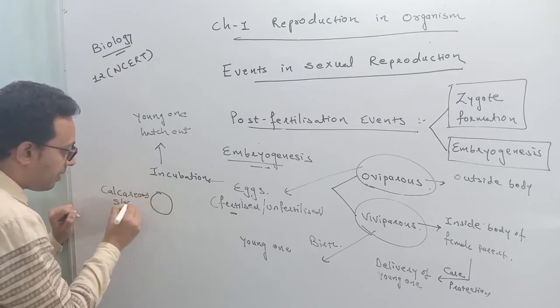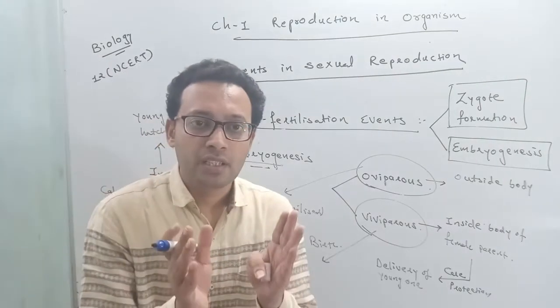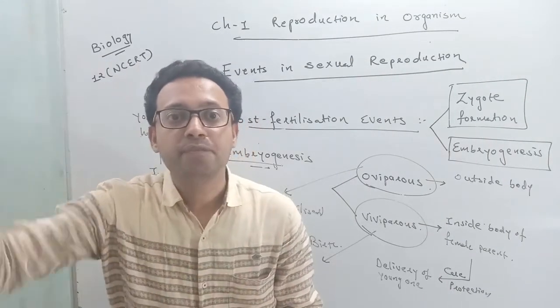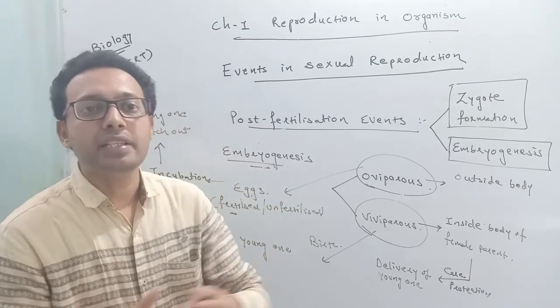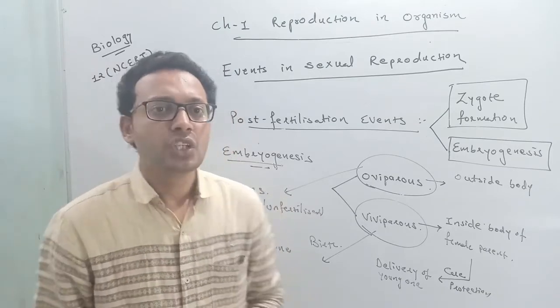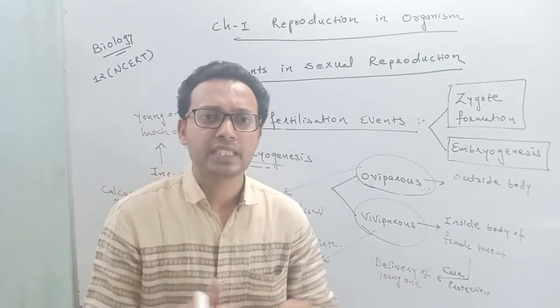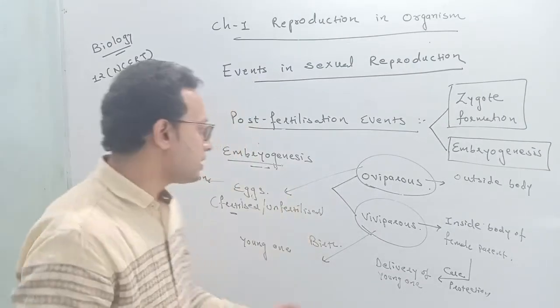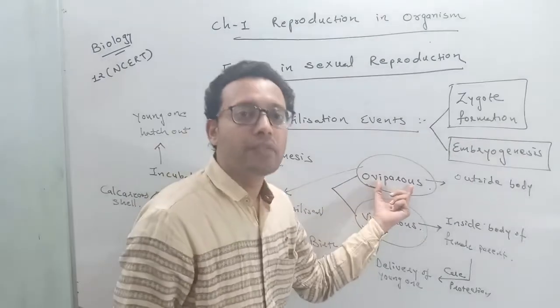They are protected by the shell. But no doubt the parent tries to keep it in a safe place, it is also vulnerable to predators. It might get broken, or someone might eat it. So the embryo which is going to be formed may get destroyed or damaged. So it has those organisms who lay eggs, those who are oviparous animals.